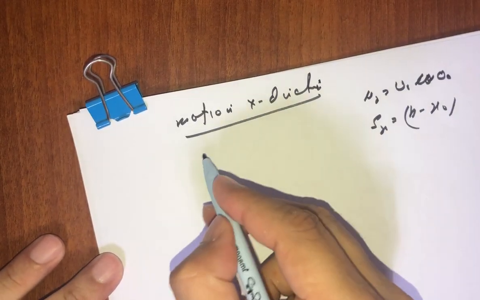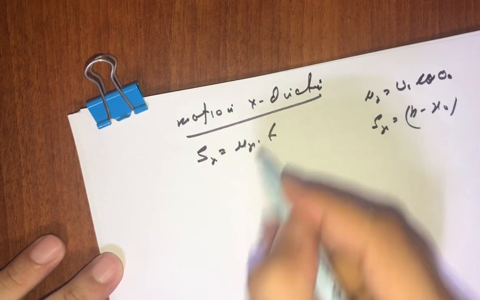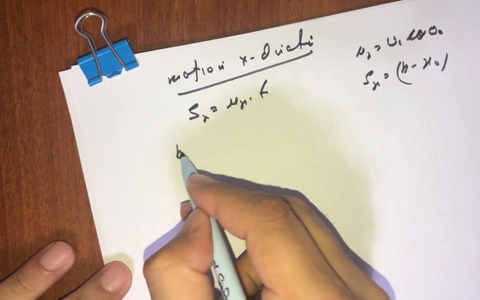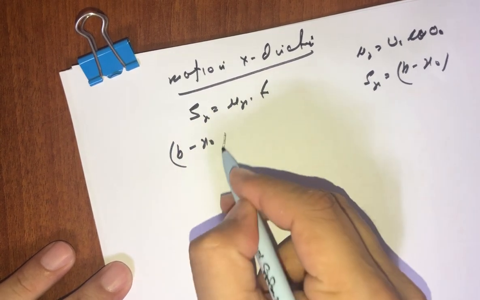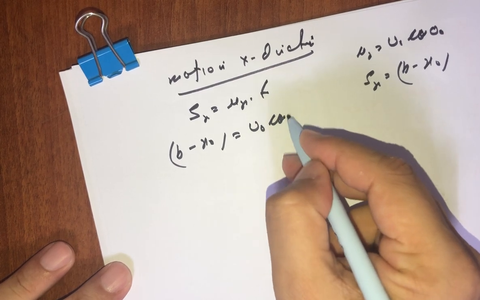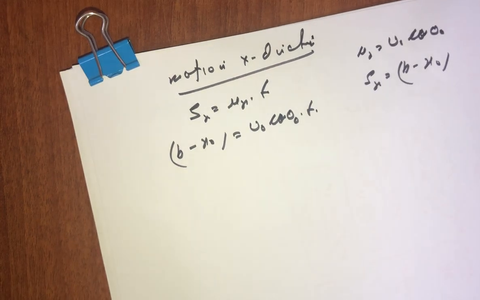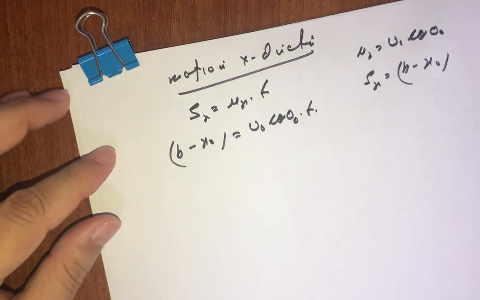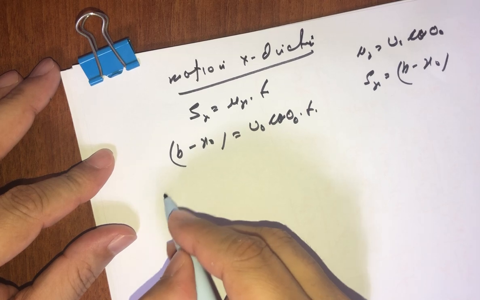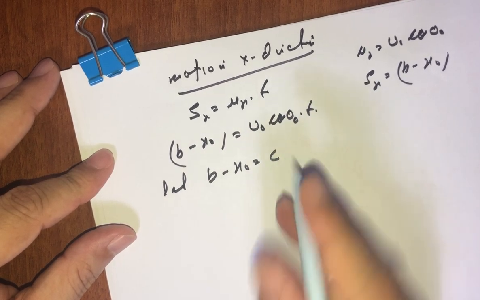So we can say that distance in x direction is equal to ux multiplied by t. We already know this is b minus x naught, and ux is given as v naught cos of theta naught into t. Let us suppose that b minus x naught is some variable c.